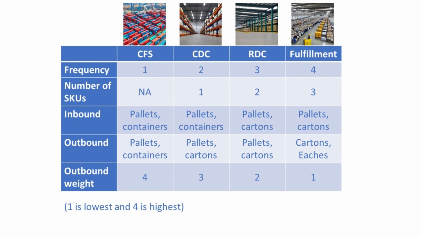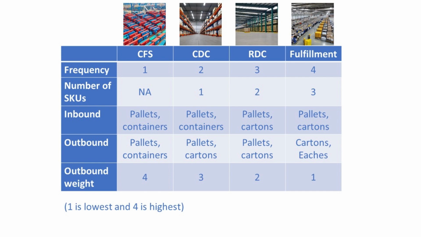A CDC receives material from 3 or 4 different plants, so they wouldn't have a super high range of SKUs. But when you look at fulfillment centers, they could have as much as 30,000, 50,000 different SKUs that they service. Same thing for outbound and inbound. The inbound, when you talk of CFS, is generally containers and pallets, versus when you talk of the other extreme, which is the fulfillment centers, they are talking of eaches, every individual product.